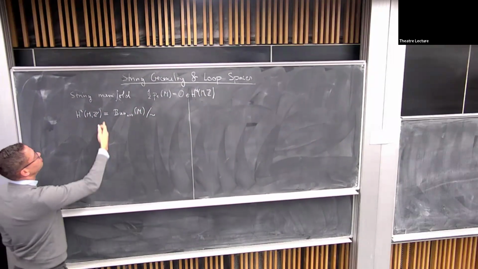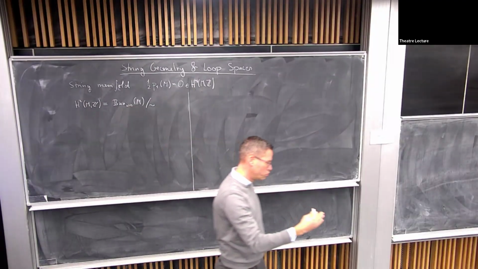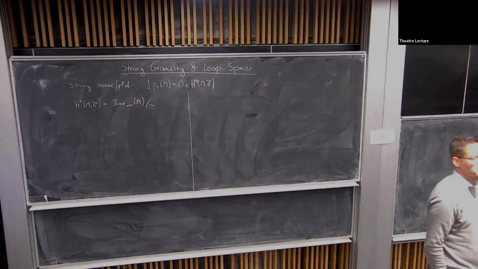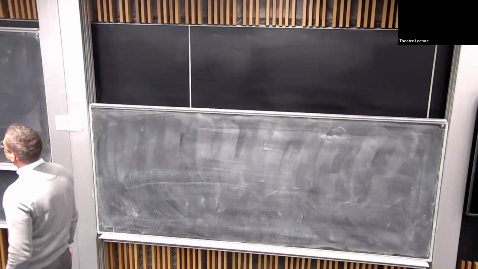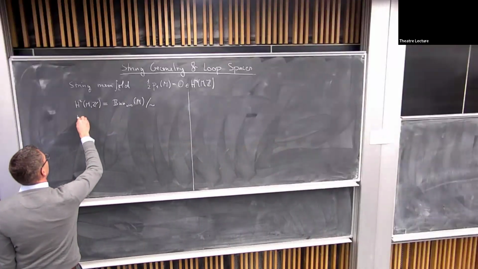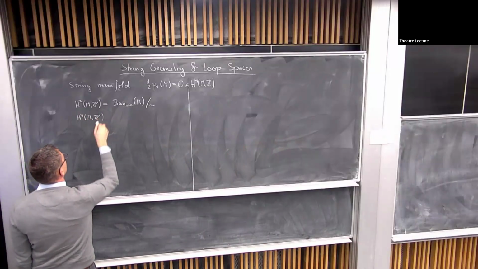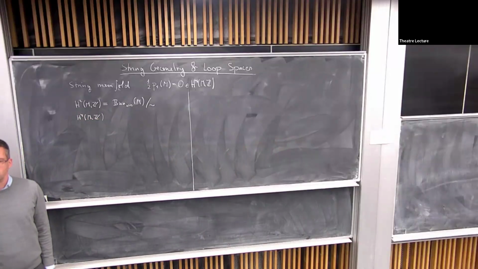And then I just need a bundle that represents my class. And then I would say, choose a trivialization of the bundle, then the class is 0. But here we have a degree 4 class, and it's not part of classical differential geometry what a geometric structure is that parameterizes degree 4 classes.